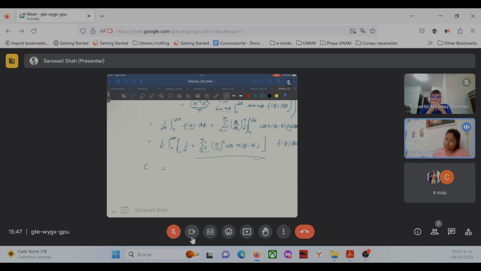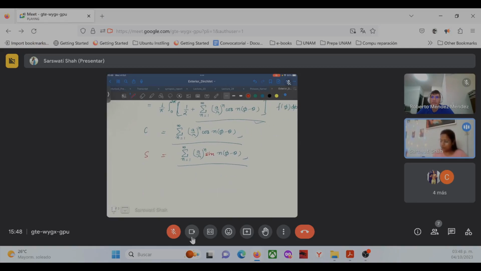So if you assume C equals to this term and S is equals to sine of this term, and then you write C plus iota S, you will be getting summation n varying from 1 to infinite a over r e to the power iota phi minus theta whole to the power n. Is it clear?